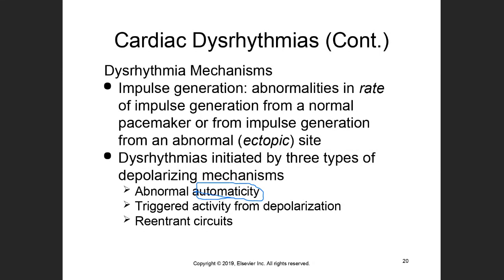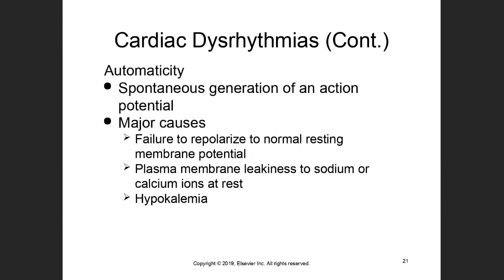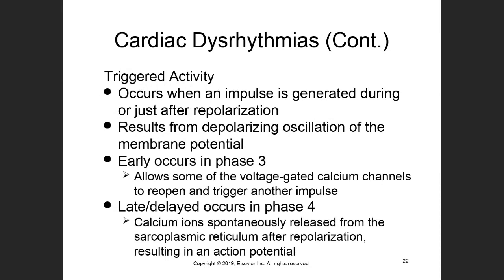Trigger activity from depolarization and reentrant circuits. Automaticity, spontaneous regeneration of action potential. I already explained: SA node, AV node, bundle of His and Purkinje fibers. Okay? Trigger activity of cardiac arrhythmia occurs when an impulse is generated during or just after repolarization.